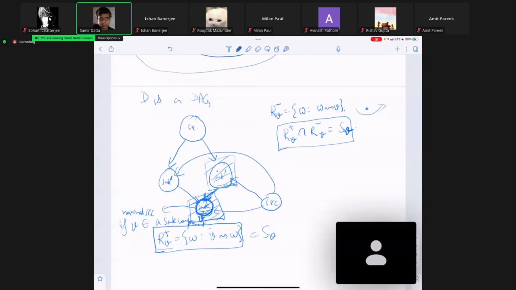So if you know that RV plus is equal to RV minus, I claim this means that V belongs to a sink component.